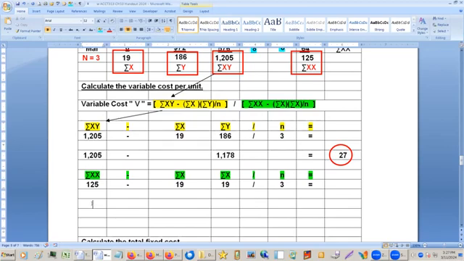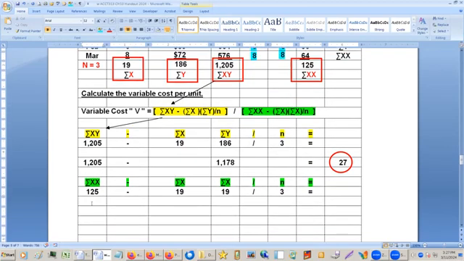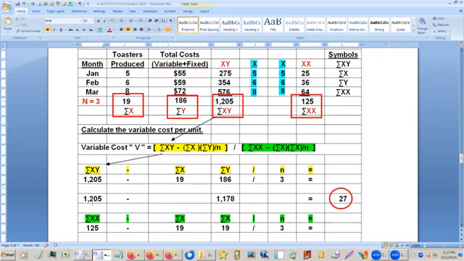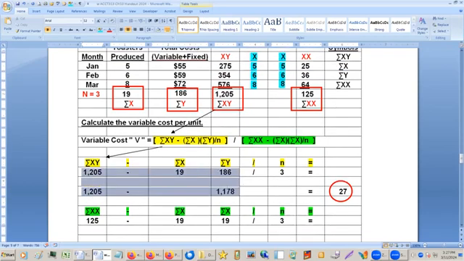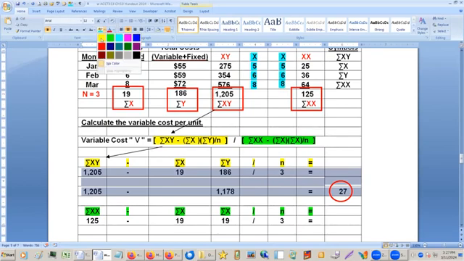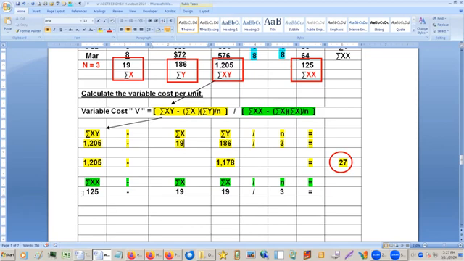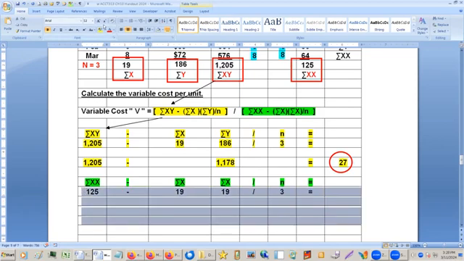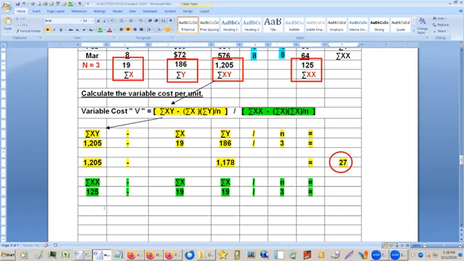So again, just kind of doing the math here. So 125 minus 19 times 19 divided by 3.